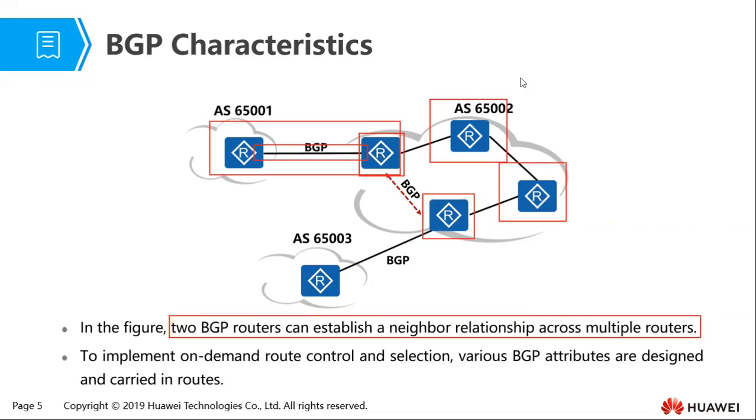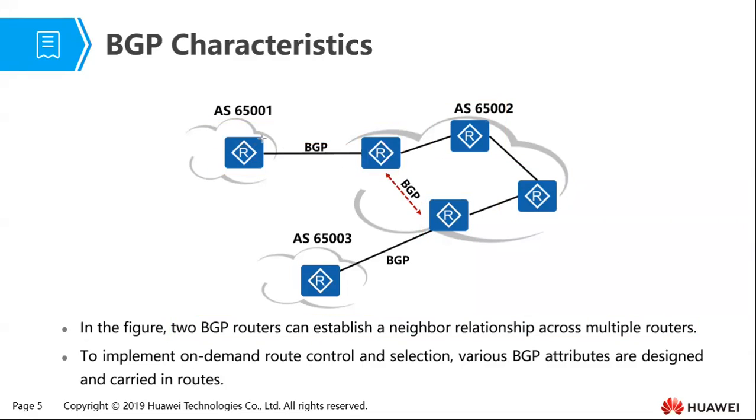We can also establish BGP relationships between routers on different autonomous systems, like what we have between this router and this router.